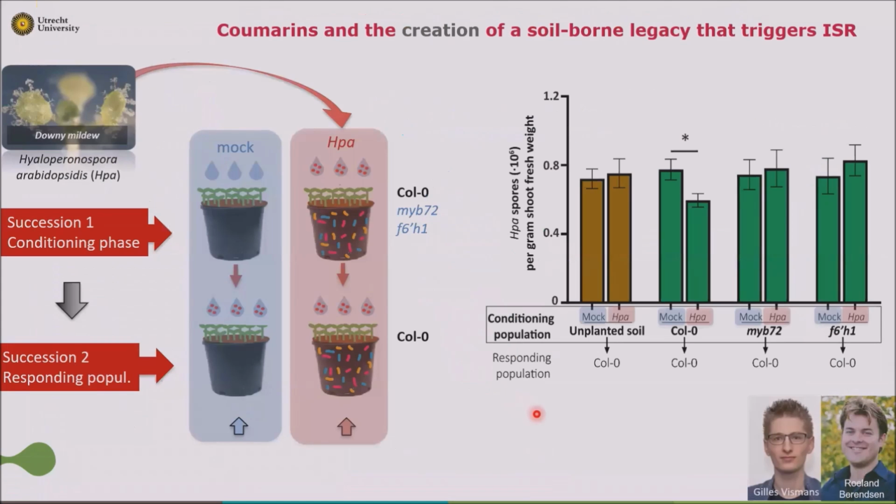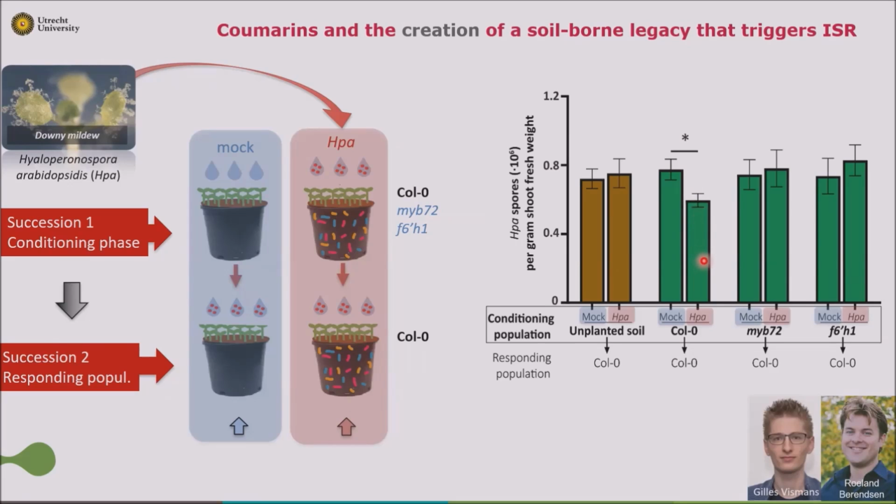Then, of course, a very important experiment is the soil-borne legacy experiment, in which we again try to demonstrate whether plants that are growing in soil that was previously conditioned by diseased plants, in the first generation diseased wild-type plants and in the second generation also diseased wild-type plants, show again this nice inhibition of disease severity in the second generation.